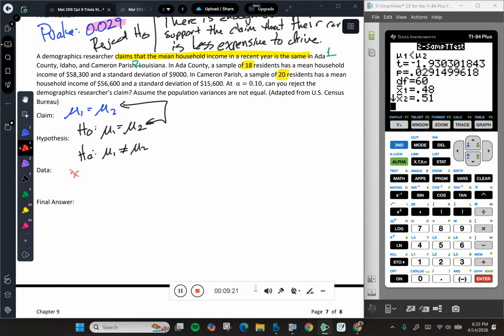I need an x bar sub 1, a standard deviation from group 1, and a sample size from group 1. Ada County: sample 18, mean income 58,300, with a standard deviation of 9,000.